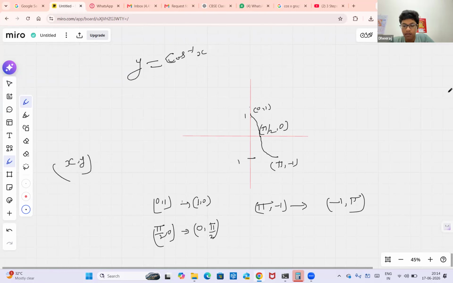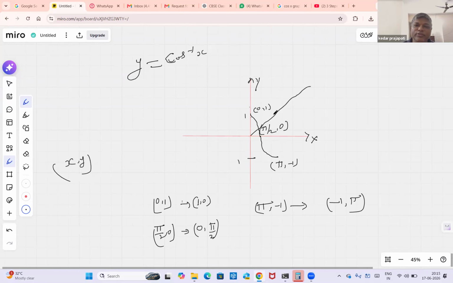Earlier, this was x-axis and this was y-axis, correct? So in x-axis, I was seeing pi values. Now in y-axis, we'll see pi value. Right? So now what I'm telling you, that you draw a straight line from here.